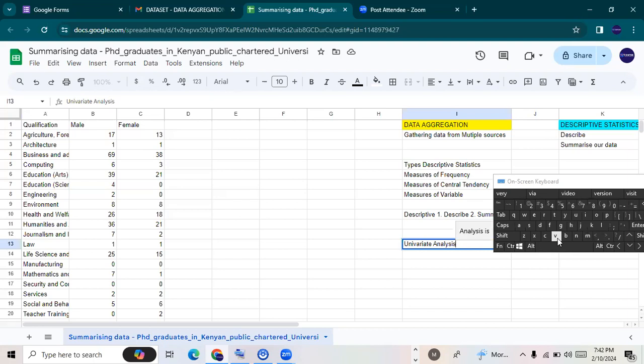So what is univariate analysis? Since uni means one, univariate analysis is simply analyzing a single column.